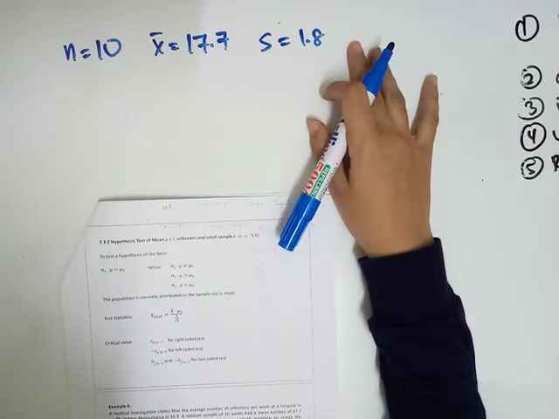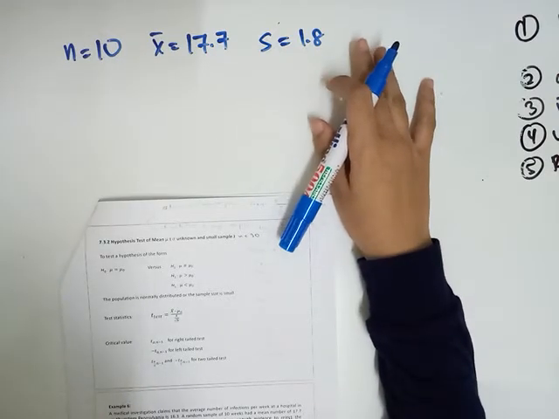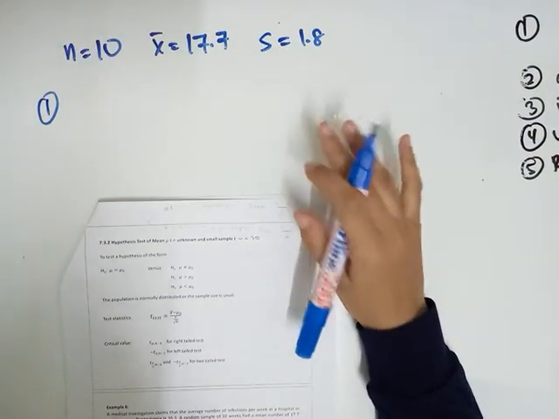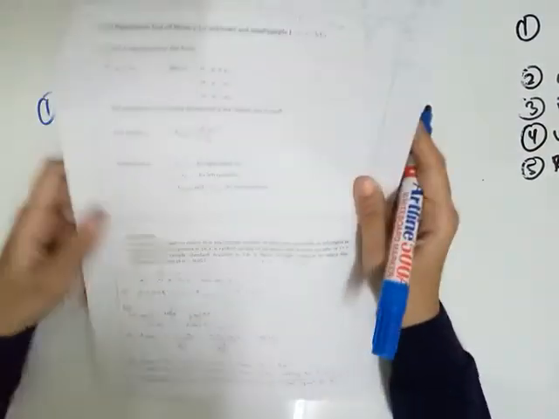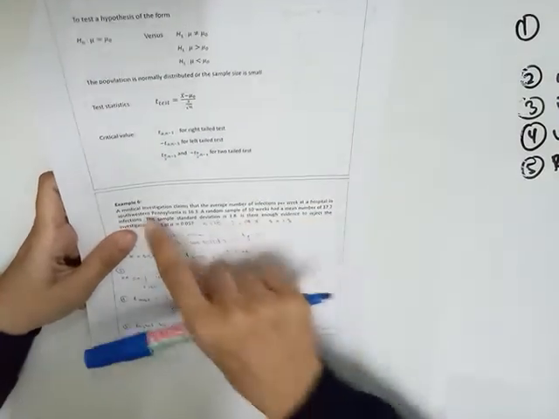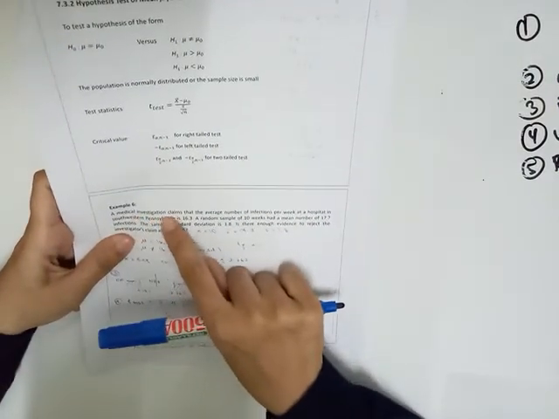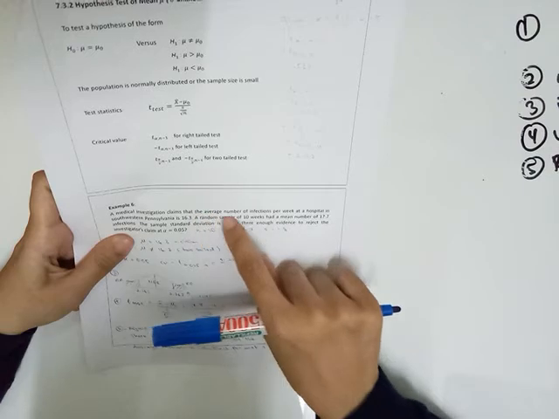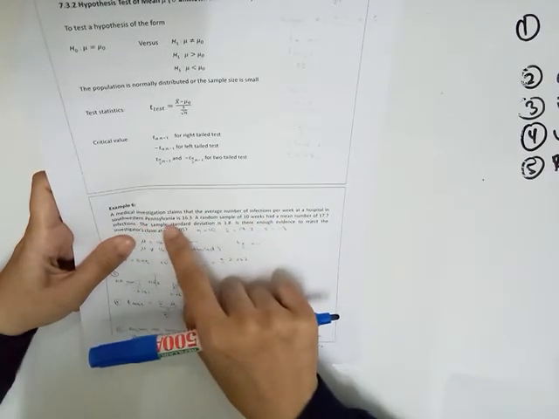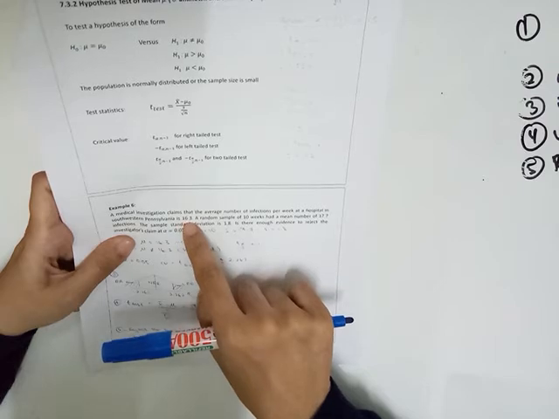And then we need to test using the 5 steps. First step is we need to state the H0 and H1. So what does it claim? Look at the first sentence: a medical investigation claims that the average number of infections per week at a hospital in southwestern Pennsylvania is 16.3.